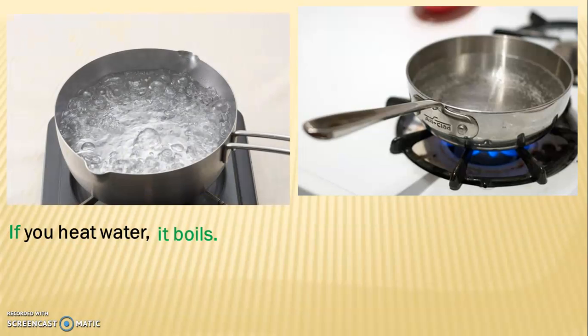It boils. In the first part, you have the condition or the if clause, and the second part is separated with a comma, and it is the main clause, that is the result. What happens if you heat water? It boils.